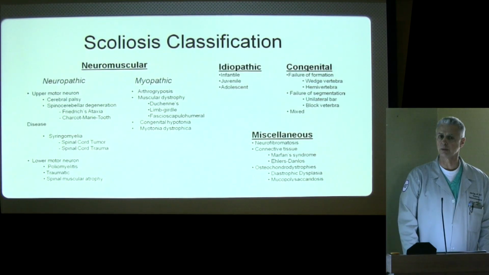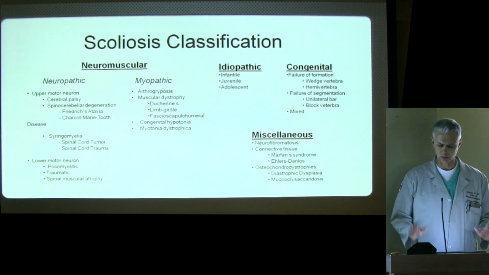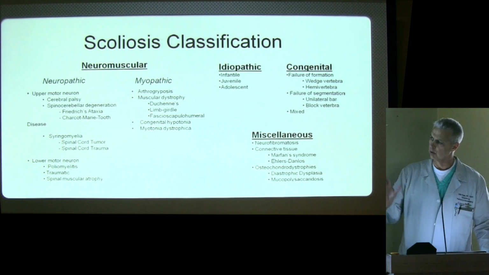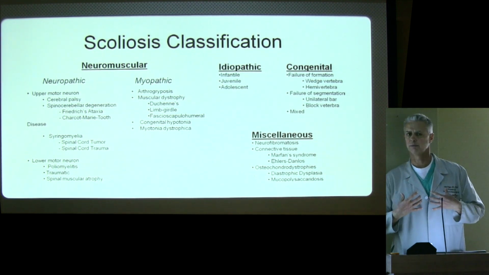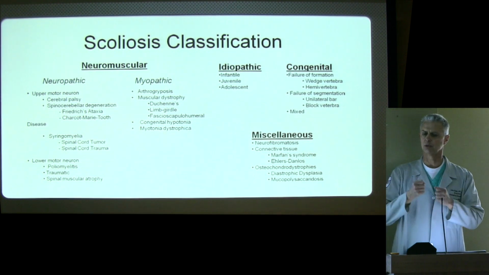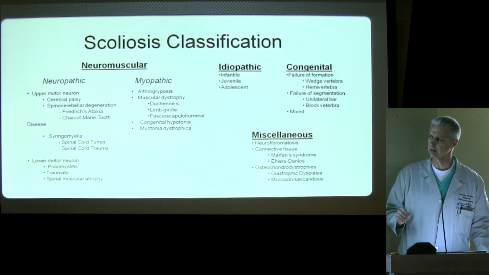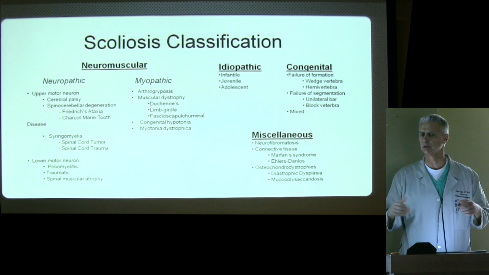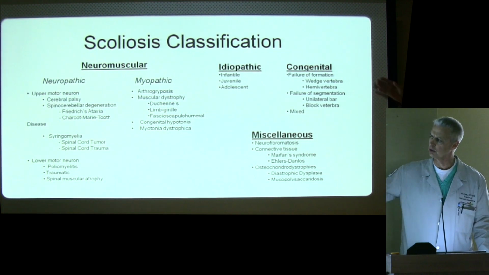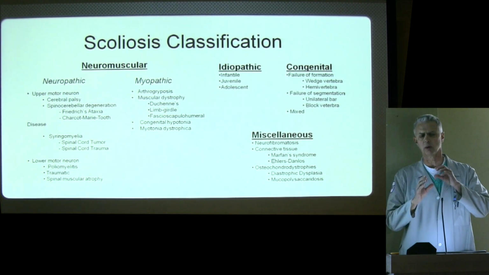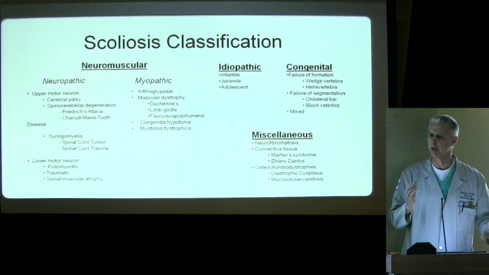There are a variety of different types of scoliosis, and there's really four main types. Neuromuscular, meaning that the muscles around the spine are affected so that the spine doesn't have the support and it grows crooked. Idiopathic is the most common type, where it's just a young female developing this without any other problem. Congenital, like if the bones are crooked, or one's missing, or one's a hemivertebra, or other things.